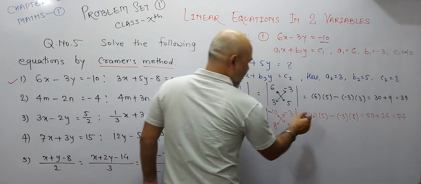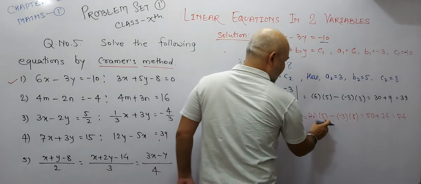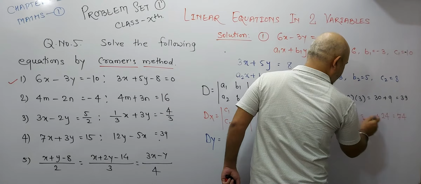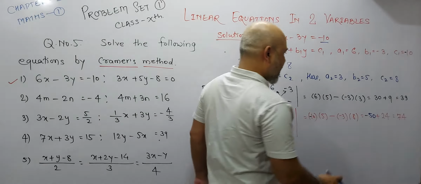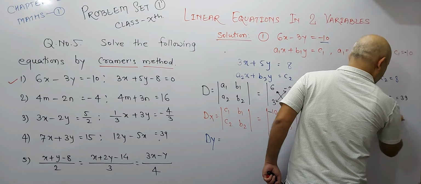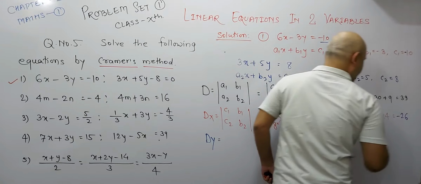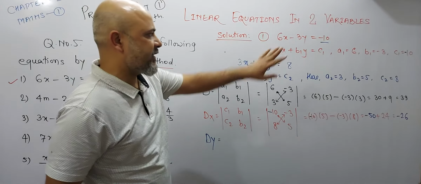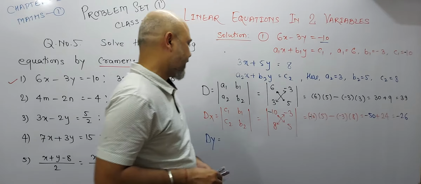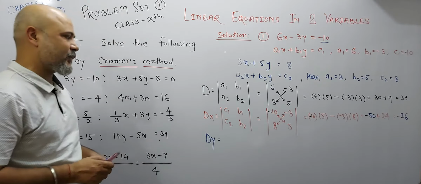So this will be minus 50, and this will be plus 24. So minus 50 plus 24 is minus 26. Okay students, so it is a very small correction. c1 is minus 10, so you will get the value of Dx as minus 26.